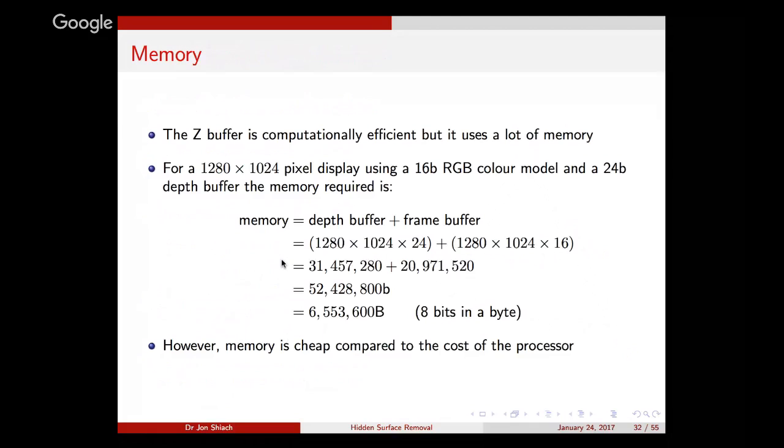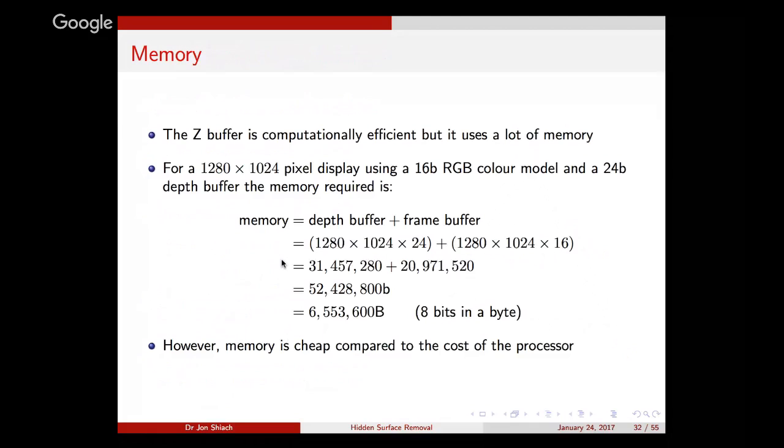Okay, so let's have a look at how much memory it uses. We need depth buffer plus frame buffer. So you multiply by the number of pixels, 1,280 by 1,024, by 24 bits of depth buffer memory for each pixel, and do the same for the frame buffer for each pixel.